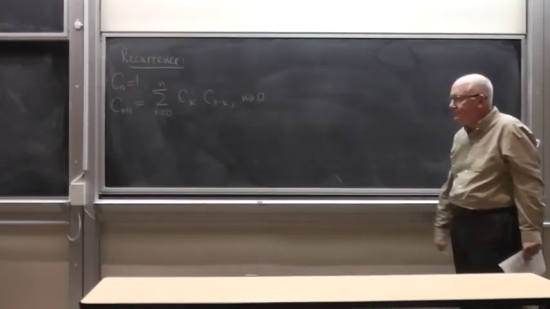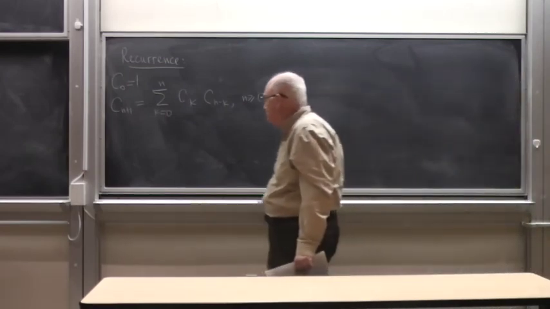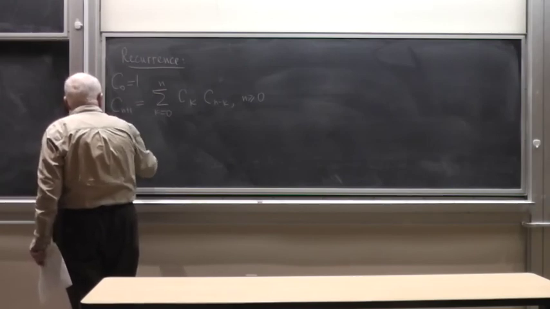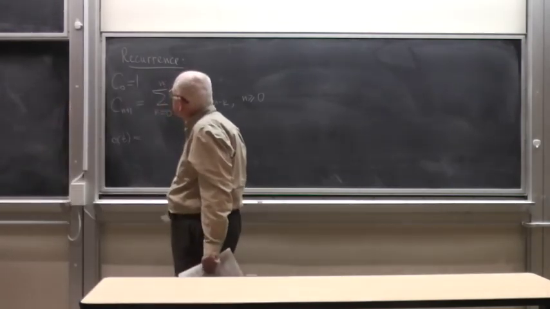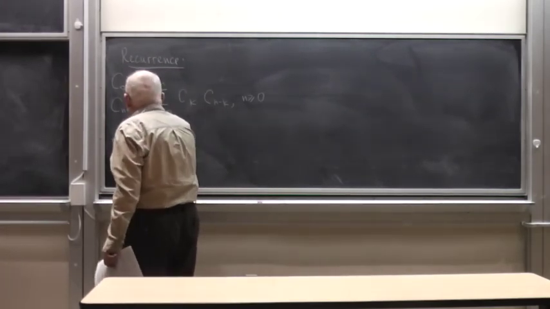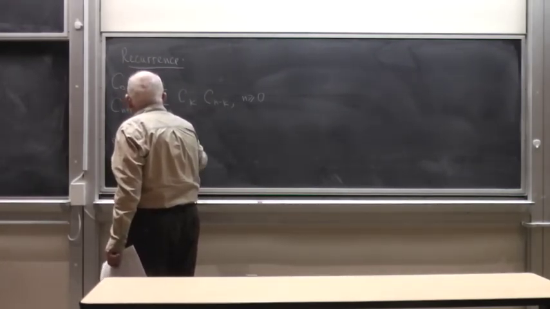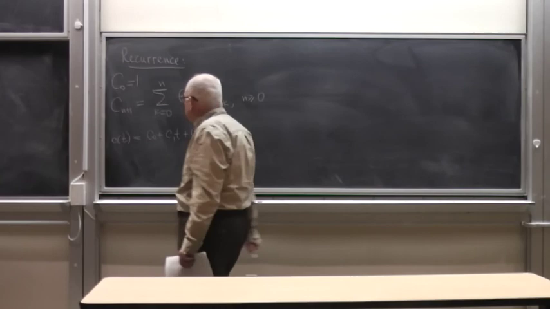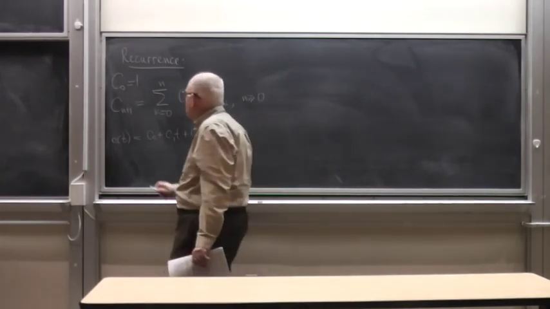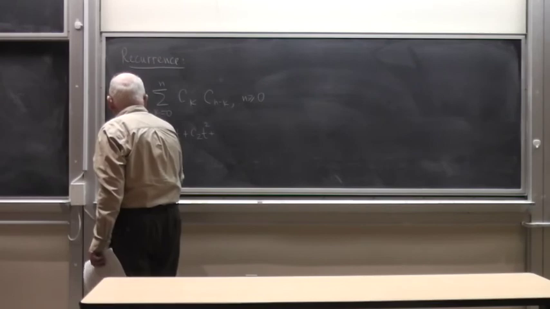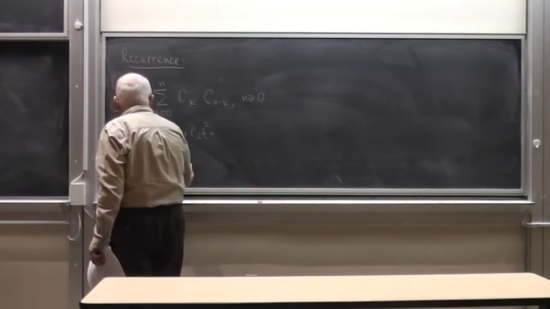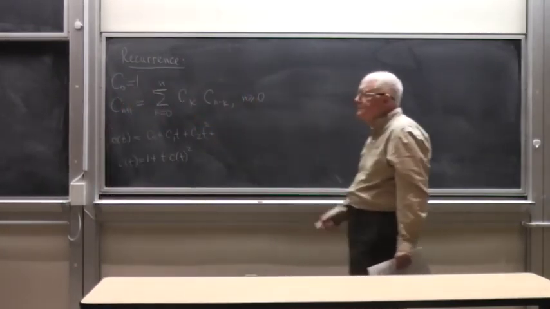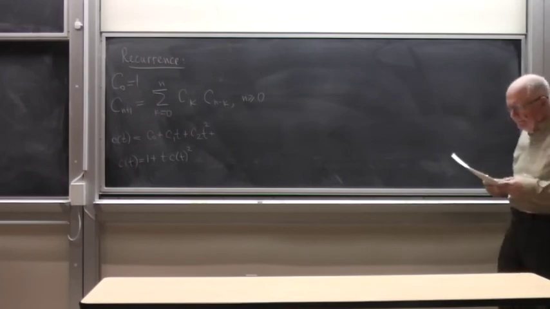That can be translated into a relation for generating series. You consider a generating function C of t. Then this relation becomes C of t equals 1 plus t C of t squared. That's just another way to write this.